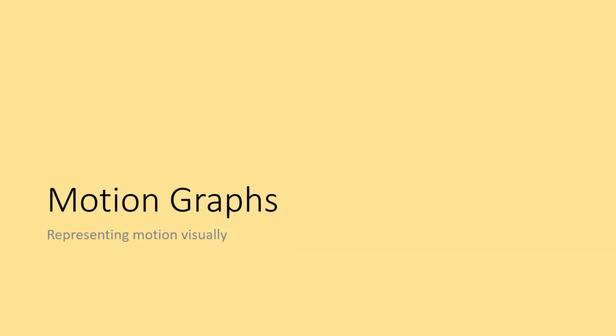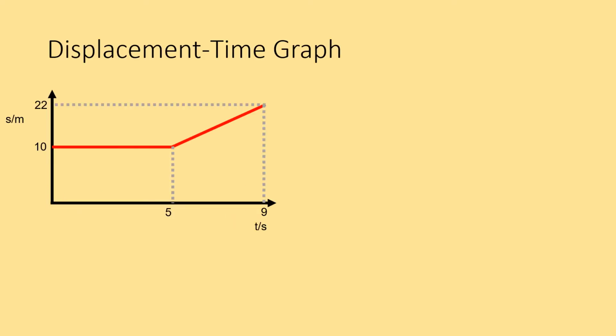All right, we're now going to have a quick look at motion graphs. Now these become quite important. You would have seen some of these at GCSE, so this is mostly a recap, but let's have a look in more detail now. So we've seen these before. This is the displacement time graph, where S is the displacement. It's measured in meters, time, of course, measured in seconds.